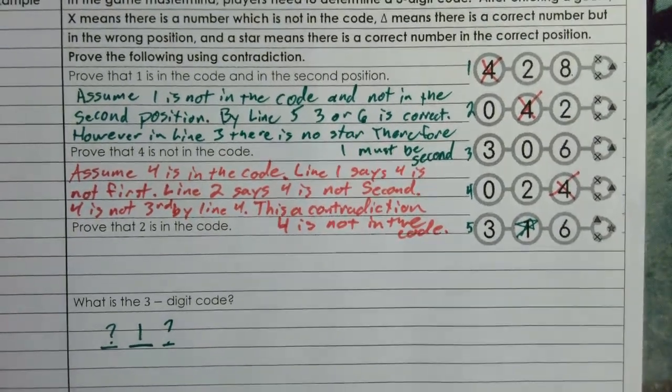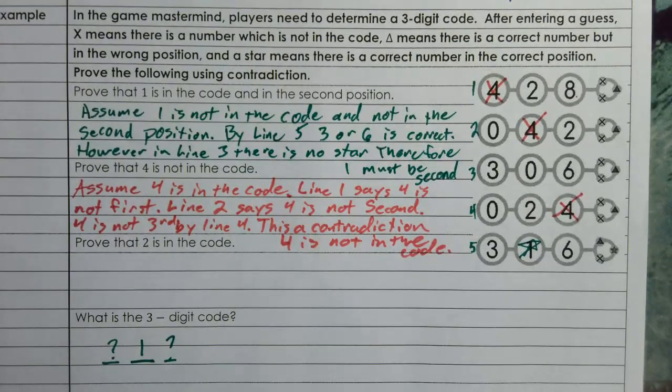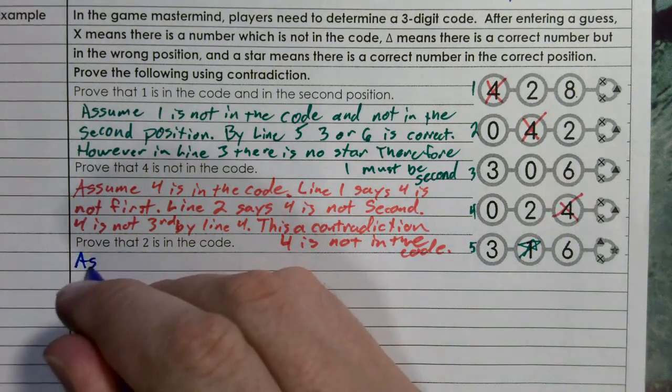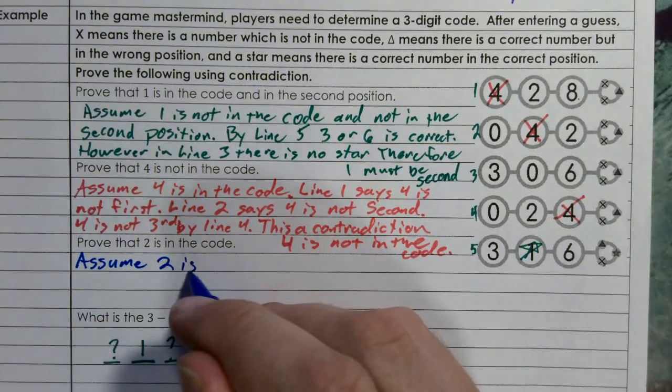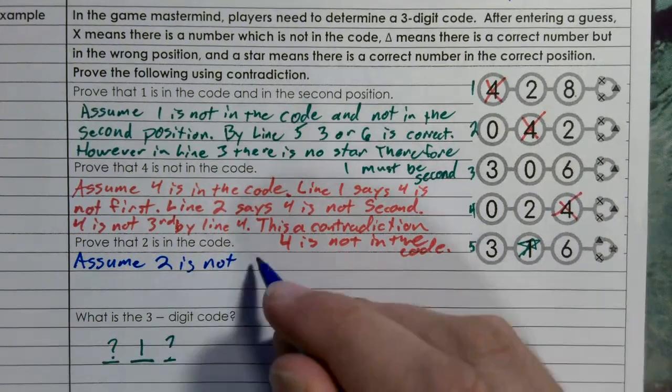Let's do one more. If we wanted to prove that 2 is in the code, we would assume the opposite. So we're going to assume 2 is not in the code.